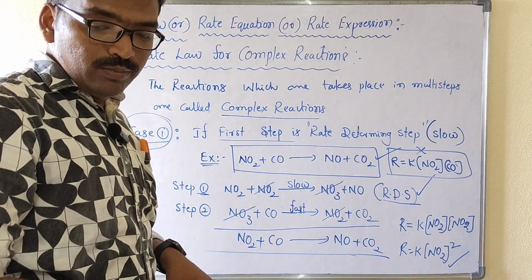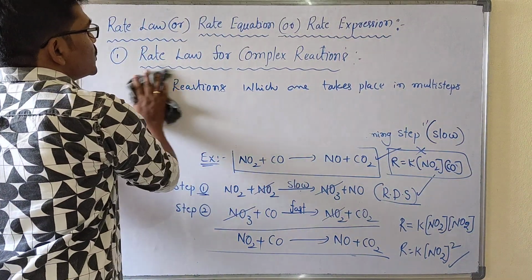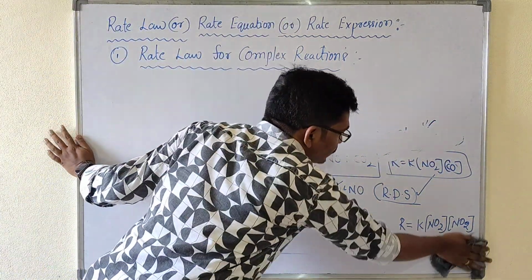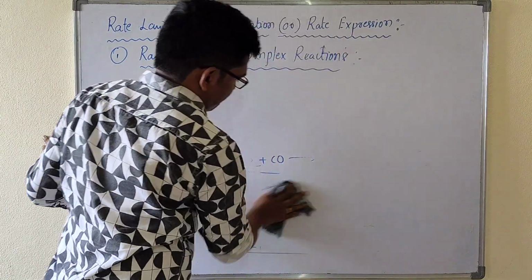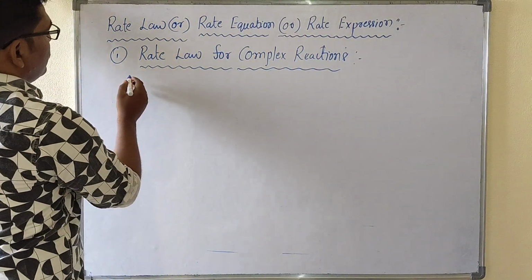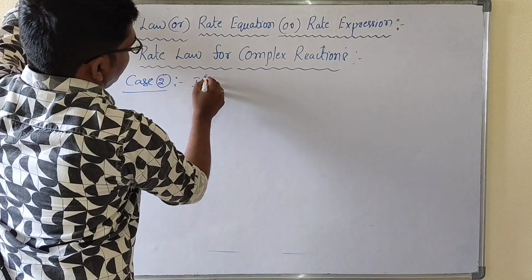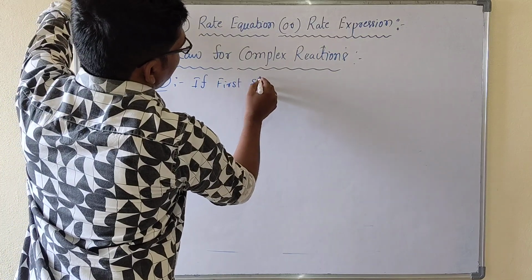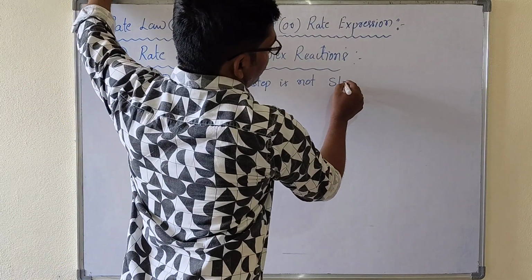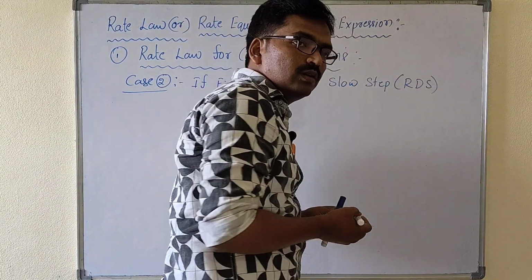Right. So case 2, what will be there? Case 2 ఏంటి అని అంటే, if first step is not rate determining step, first step rate determining step కానప్పుడు, అంటే slow step కానప్పుడు, look at case 2, that is, if first step is not slow step, nothing but RDS step, rate determining step.